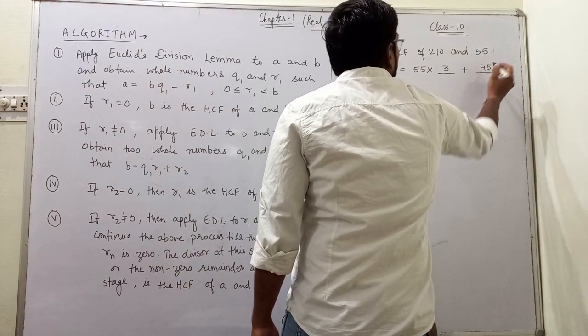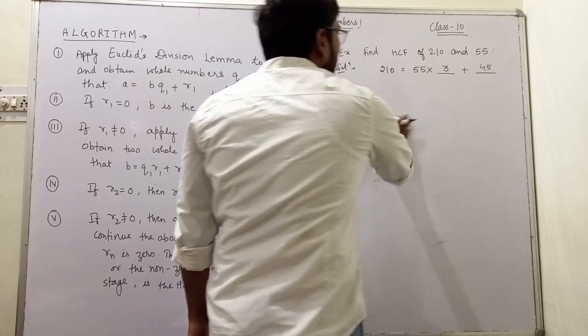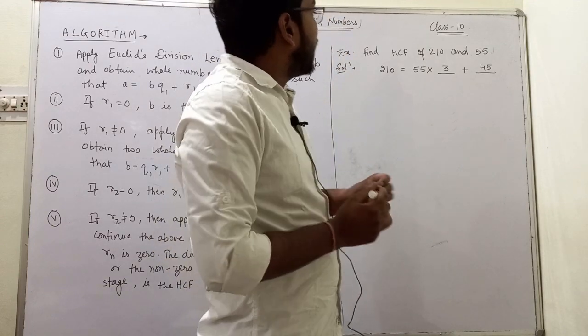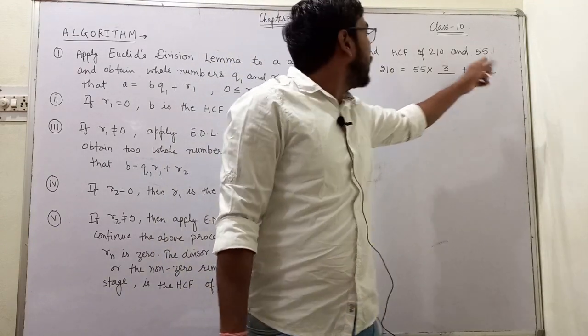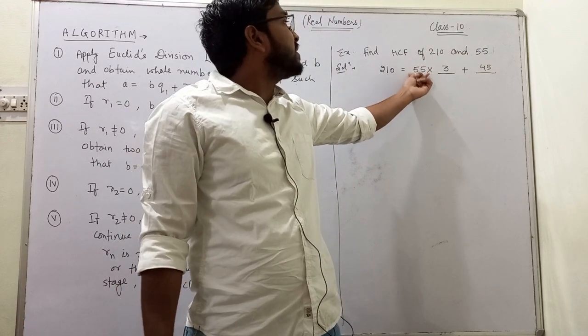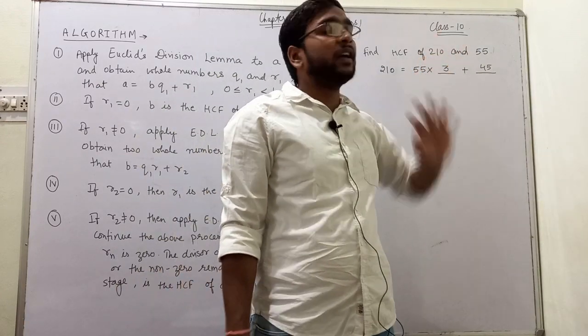Now here we can see that the remainder is not 0. So 55 is not the HCF of 210 and 55.